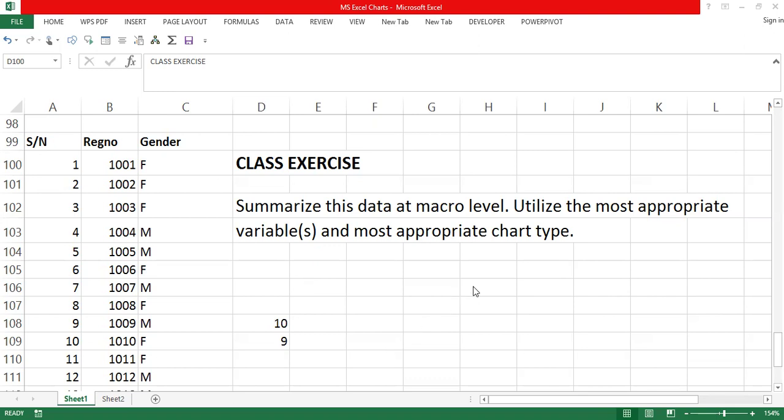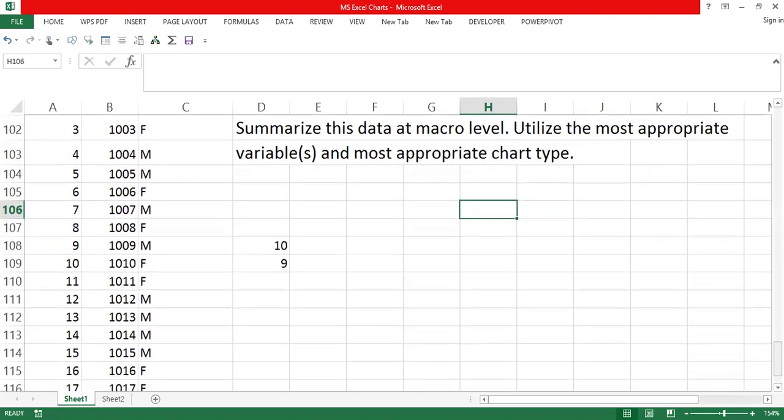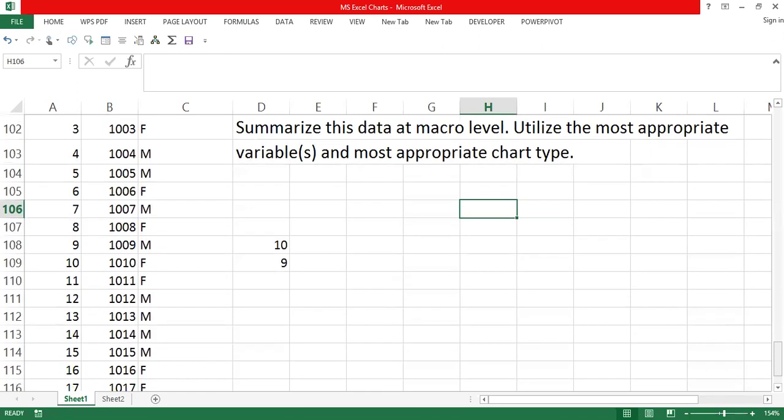Okay. Is that for categorical data or for numeric data? It's for categorical.